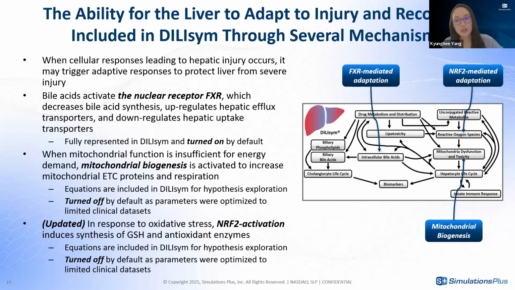So we had in the past version DSX equations representing the pathways of NRF2, but those were not fully calibrated in terms of parameterization. So recently we've leveraged the clinical data from acetaminophen to further enhance and parameterize those NRF2 related adaptive parameters. So those updated NRF2 parameters are now part of DILIsym 11.